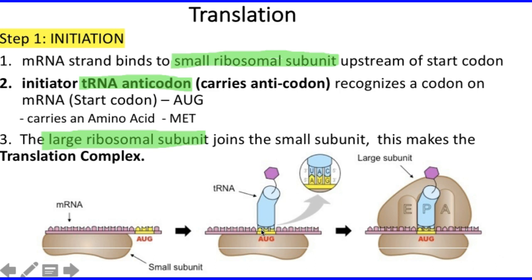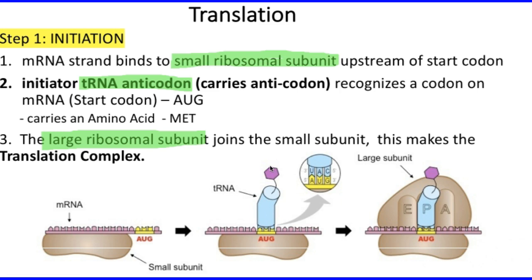Remember, opposites attract, okay? So once again, first we start off with our small ribosomal subunit that comes in. It attaches upstream of the start codon to our messenger RNA. Then after the small ribosome attaches, now we have our transfer RNA come and bring its anticodon right here. And that is going to go ahead and attach right here.